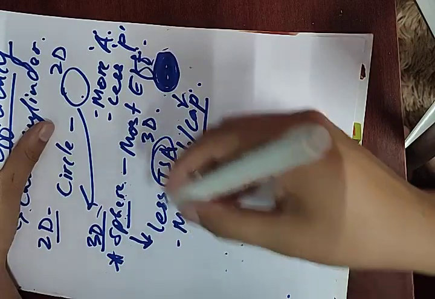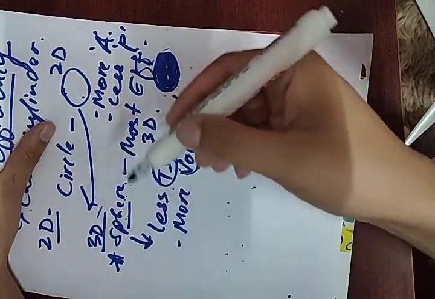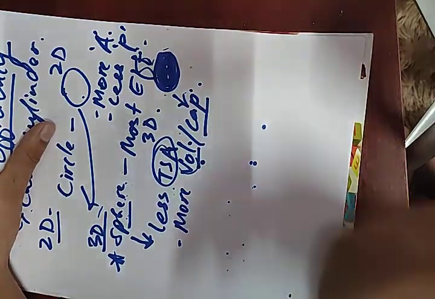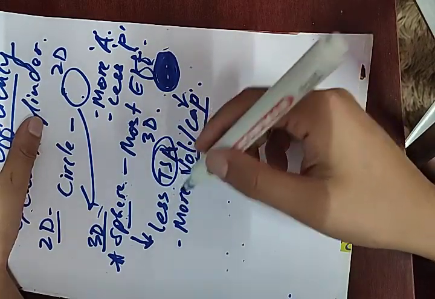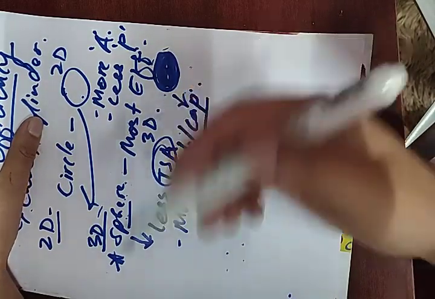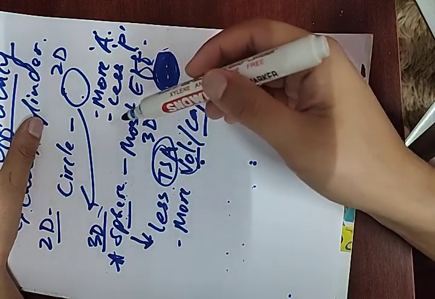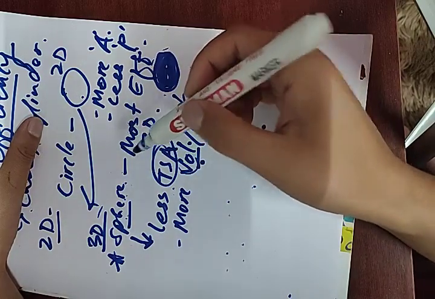In 2D shapes we have learned that even if the shape is not a circle, but if it is like a circle, then it is more efficient than the other shapes. That's why we say that the more the number of sides, the more efficient is the 2D shape.